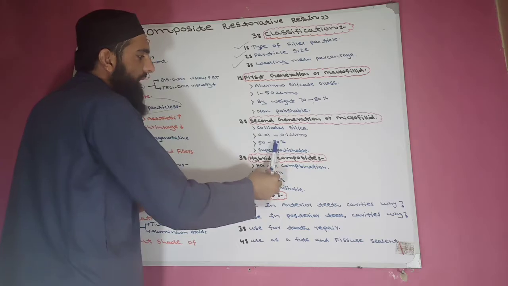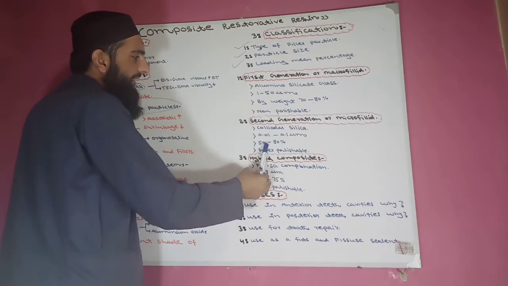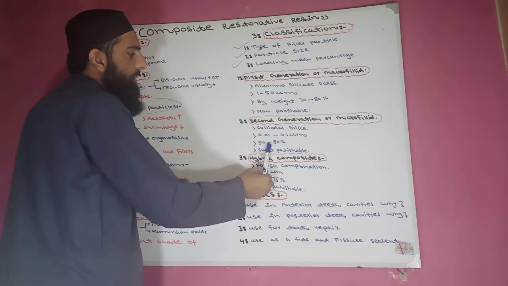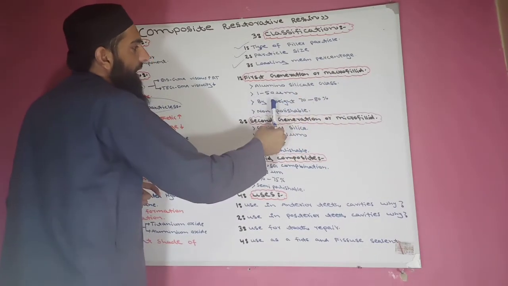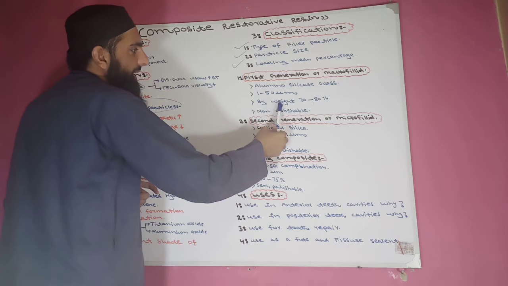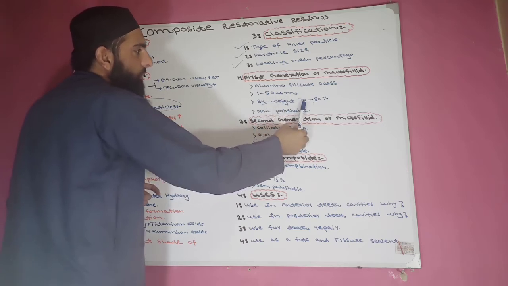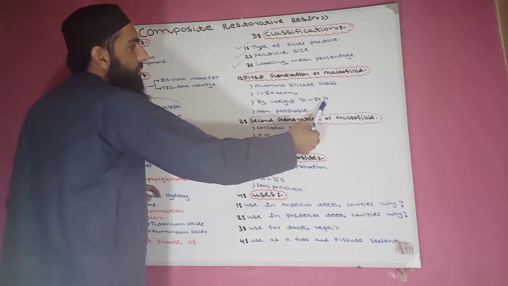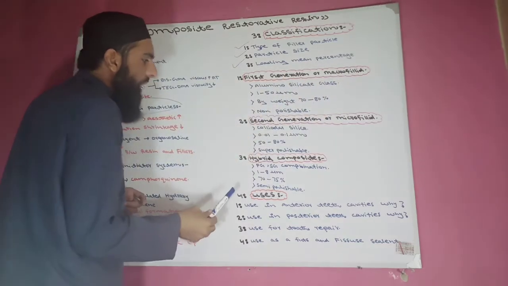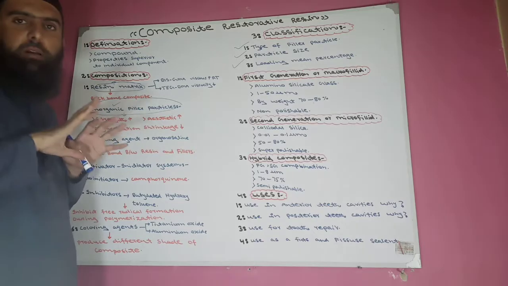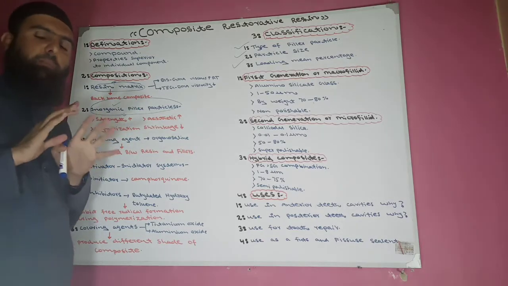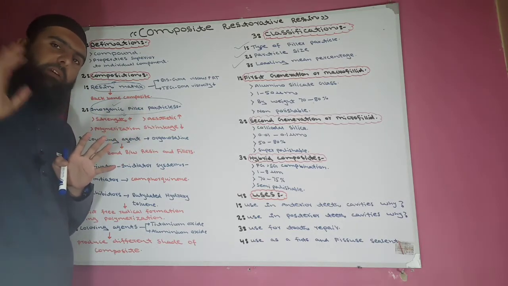Therefore, the loading percentage is less in second generation. Therefore, second generation is known as microfilled, and in first generation the loading percentage is more, from 70 to 80%, therefore it is known as macrofilled. And the fourth property of second generation is that it is super polishable, meaning the polishing property of second generation is best.